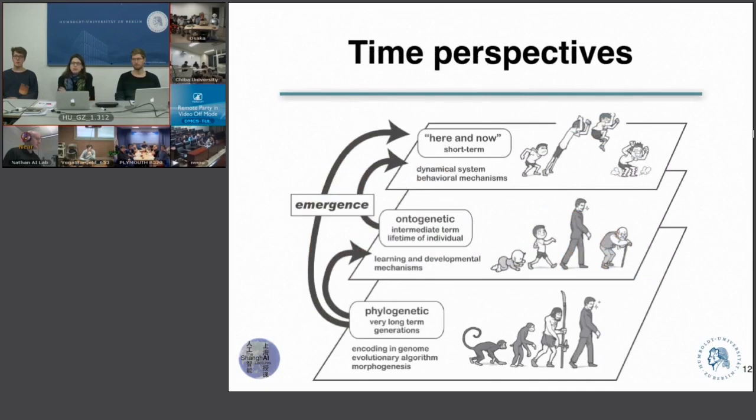And this week we are going to have a look at the phylogenetic perspective, so evolution and cognition from scratch. Here we really start with looking at different generations and how intelligent behavior evolves over generations.